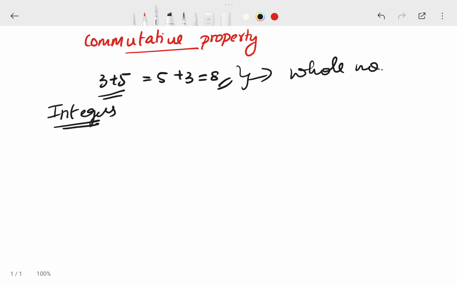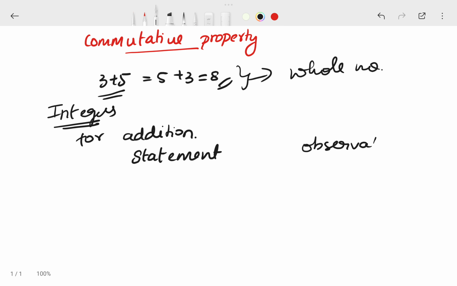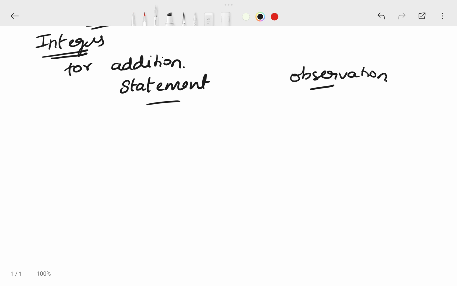Let's see first for addition. For addition, first we will write the statement, and we will write the observation here, so it will be easy for us.